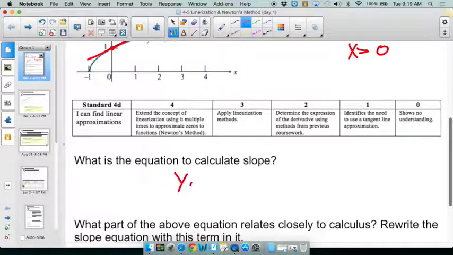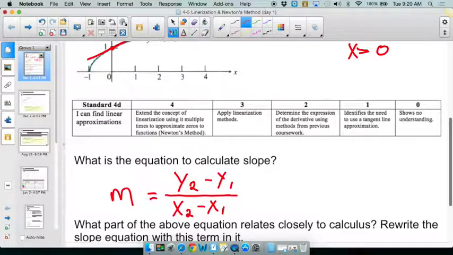Yeah, and we've seen it written like this, probably more often than not. Whether the two comes first and the one comes second or vice versa, it's not a big deal. Just be consistent. And so that equals the slope, and slope is typically the variable m, right?